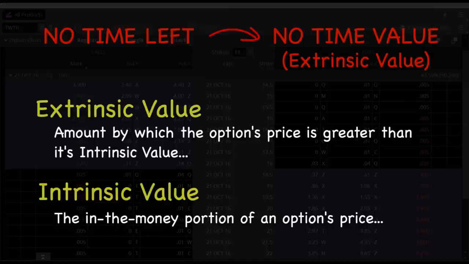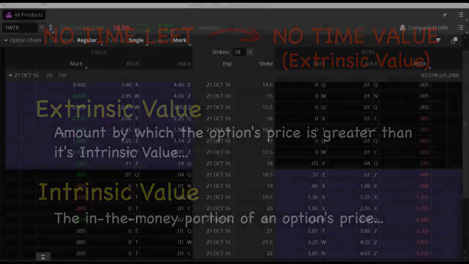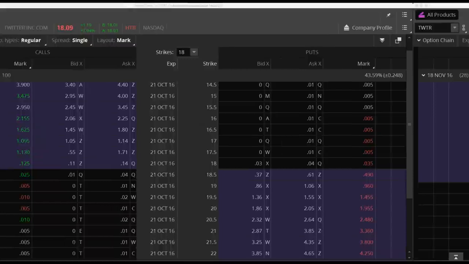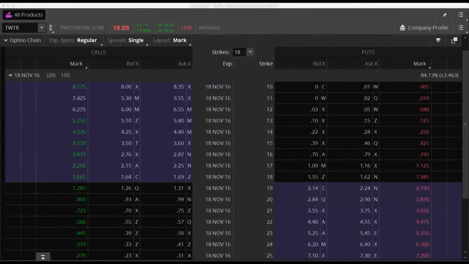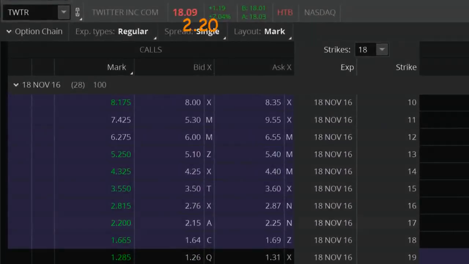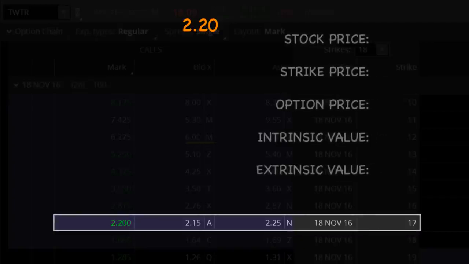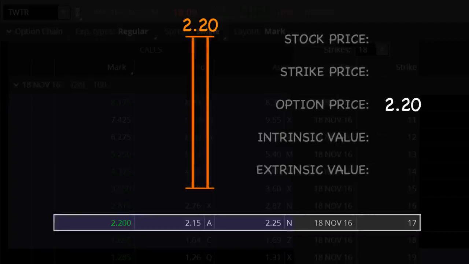Okay, so that may have sounded a little confusing, so let me just show you a quick example. Remember, we mentioned that these options that expire today don't really have any extrinsic value. So let's again go back to the options with 28 days to expiration. Check out the 17 strike call option with 28 days. The price of this option is $2.20, and the current stock price is $18.09.